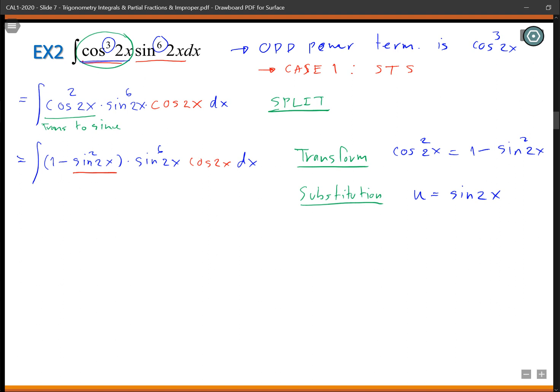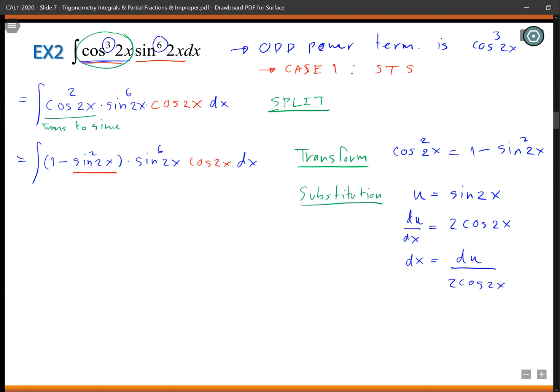Alright, substitution means that we have to differentiate this. du by dx equal to cosine of 2x, and chain rule, 2 in front. Move things around, dx is going to be equal to du divided by 2 cosine 2x.